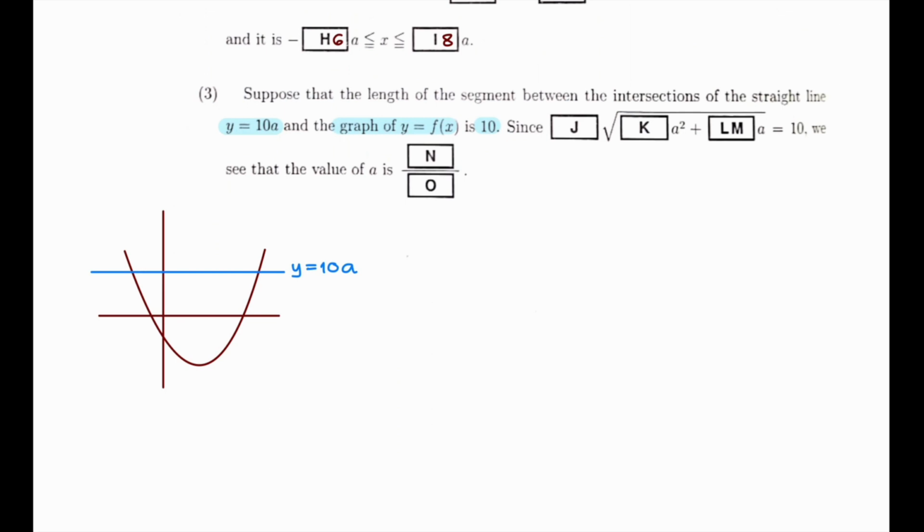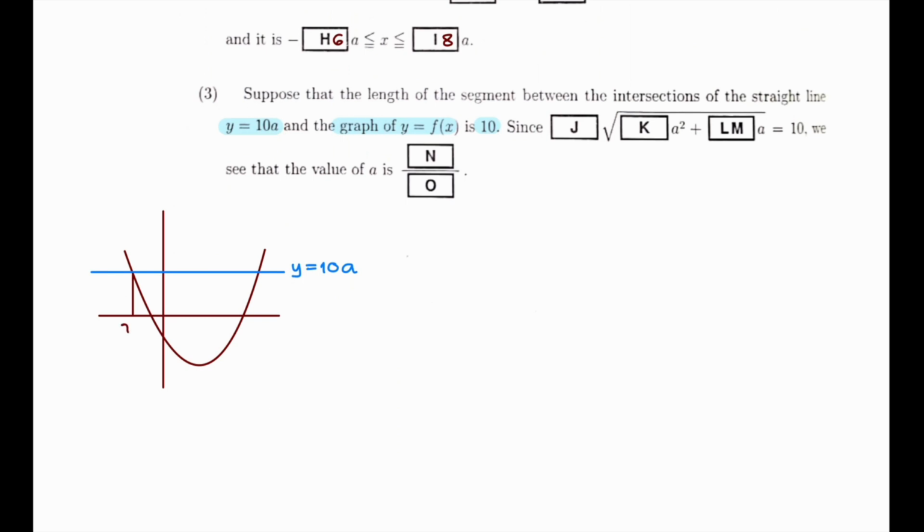So if I want to find the equation that relates a with this illustration, I need to find the x coordinates of the intersection points between my parabola and the line y equals 10a. I need to find these two coordinates.